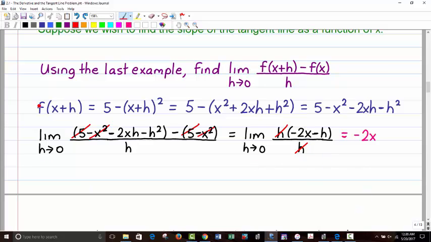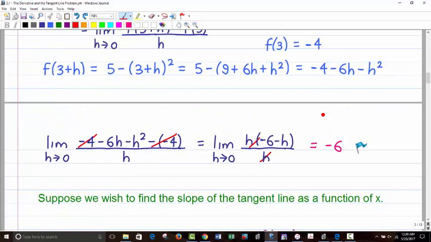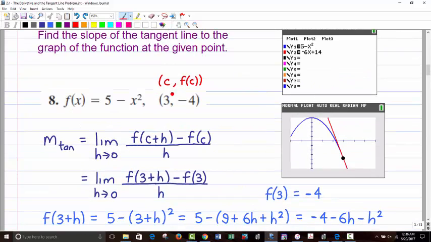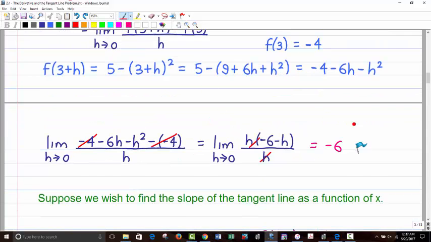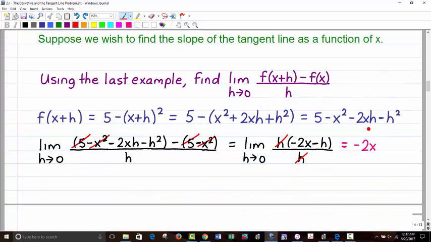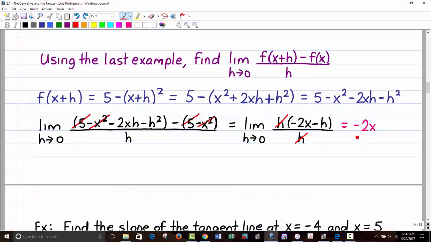So you then can come up with any slope, tangent slope, for any x, like super quick. So for example, if we took that first one we did way back up here, see the c, which was the x, was 3, and we got -6 as the answer, which was correct. But look what happens when you plug 3 into this negative 2x. You're going to get -6, aren't you?